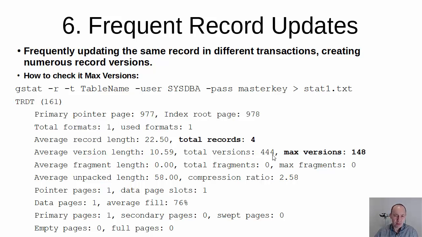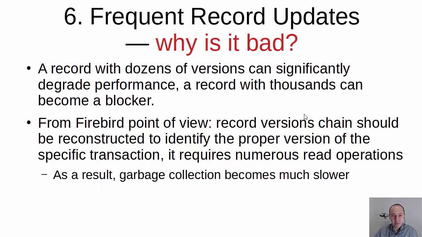Why is it bad? You can think, okay, so this is 4 real records and extra 444 record versions, so totally it's less than 500 records, which is just nothing. But actually not, and here the problem is the following.